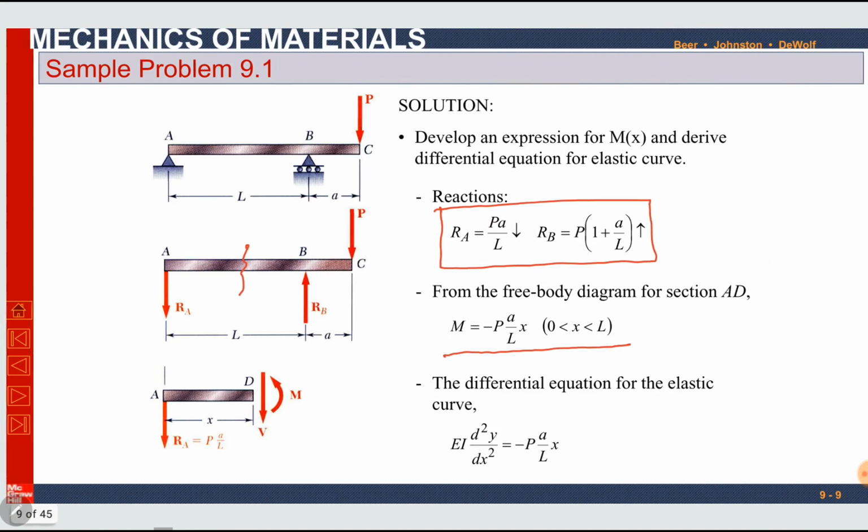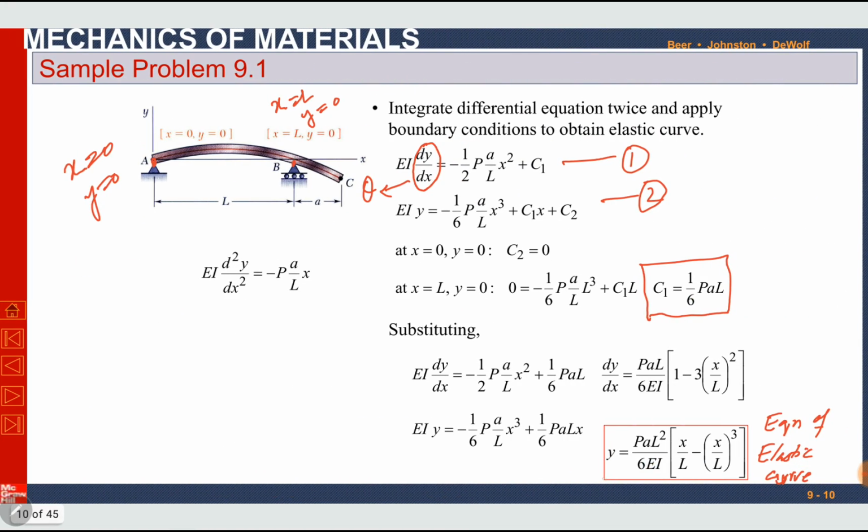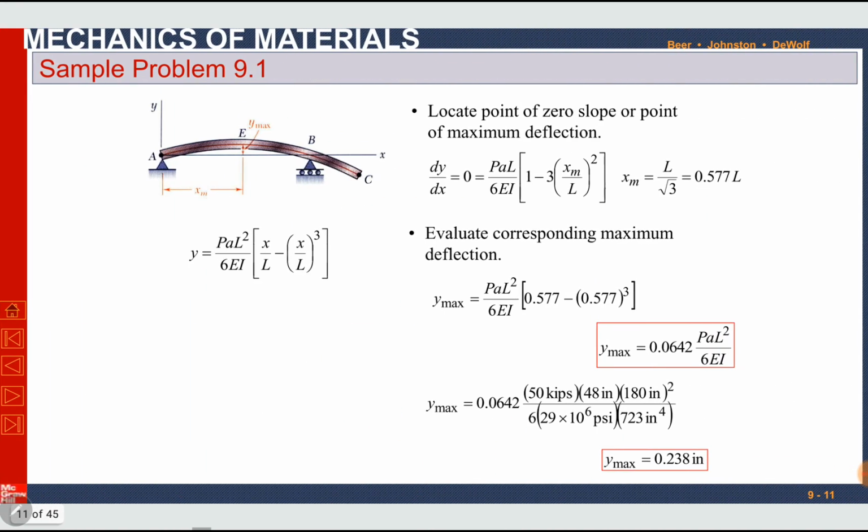For y to be maximum, its first derivative must be equal to 0. Here is its first derivative. This must be equal to 0 to find the corresponding value of x. So let us put dy by dx equal to 0. In the next slide, dy by dx equal to 0, so we can find x.